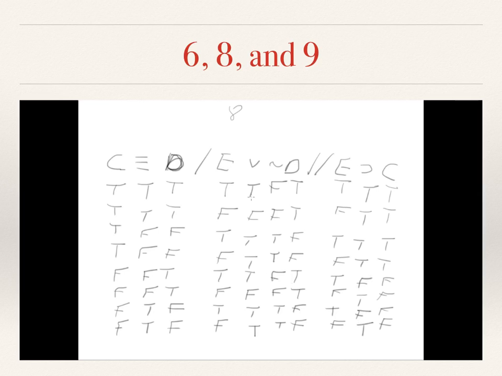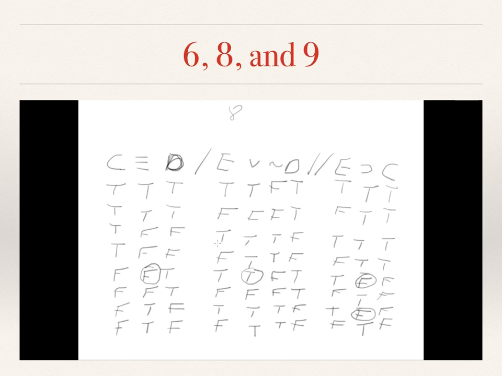Remember, an argument is invalid if you have true premises and a false conclusion. I only have a false conclusion at two lines, line 5 and line 7. If we go back through this line, you see we have a true premise here and a false premise here.